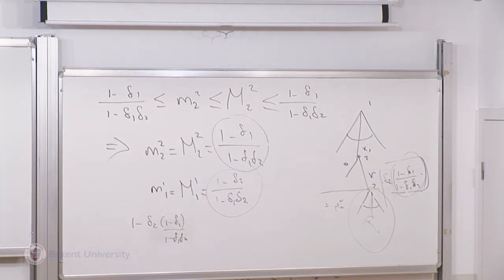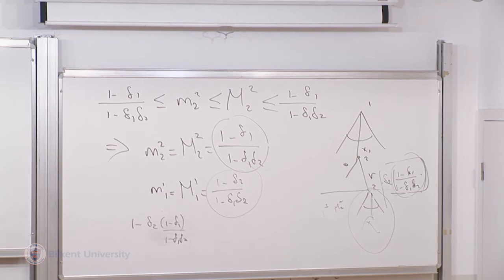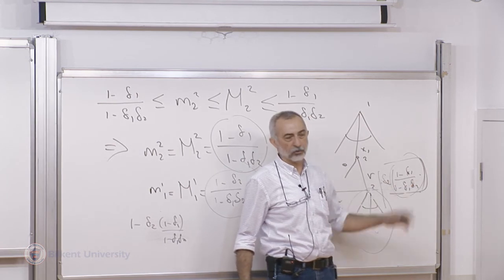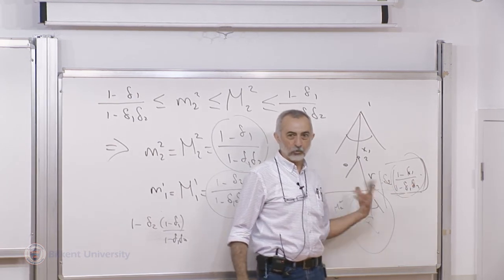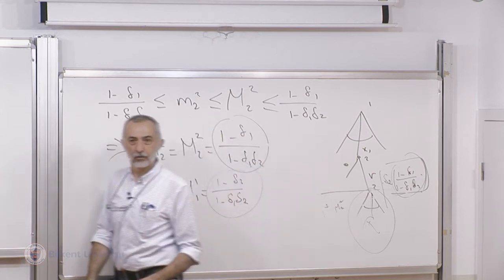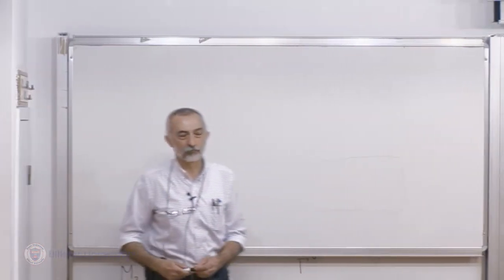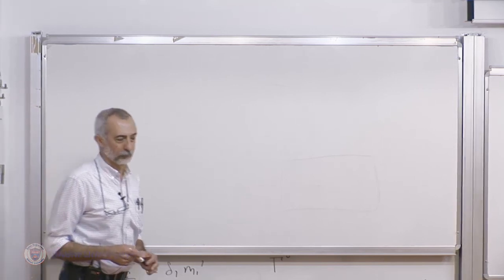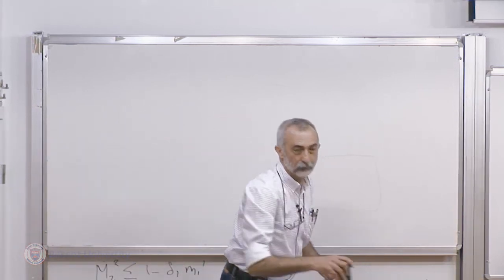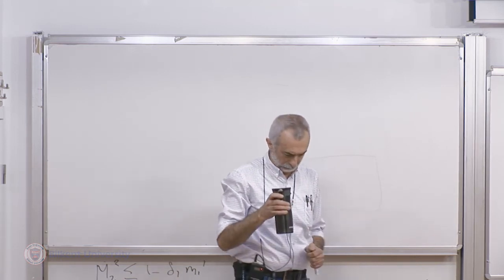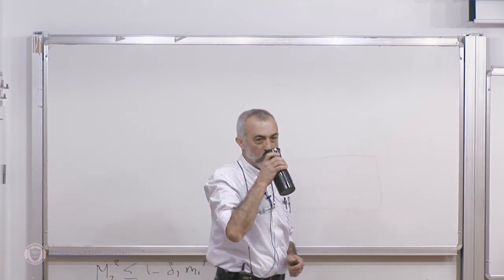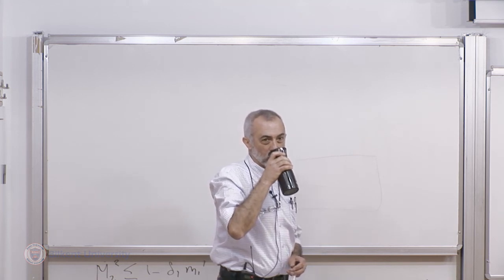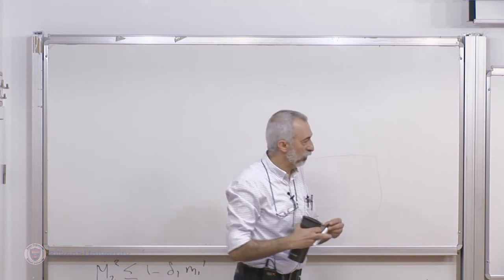So if he makes an offer of delta 2 times (1 minus delta 1) over (1 minus delta 1 delta 2), how do I know that accepting is a best response? We have 2 players and they are economic agents. Since player 2 is indifferent between accepting and rejecting, and if he chooses to reject, so will player 1 in the next stage when he's the proposer. How do I know? Maybe they're doing so.